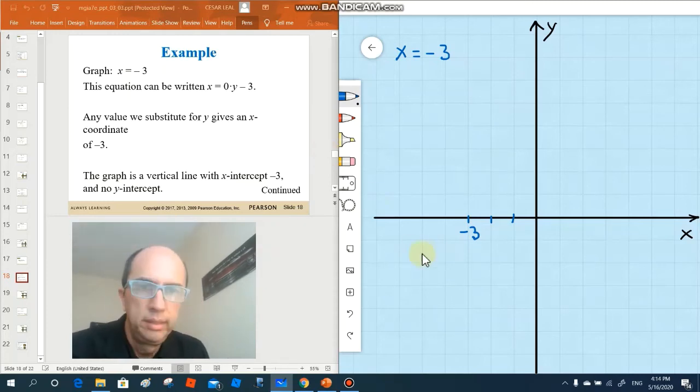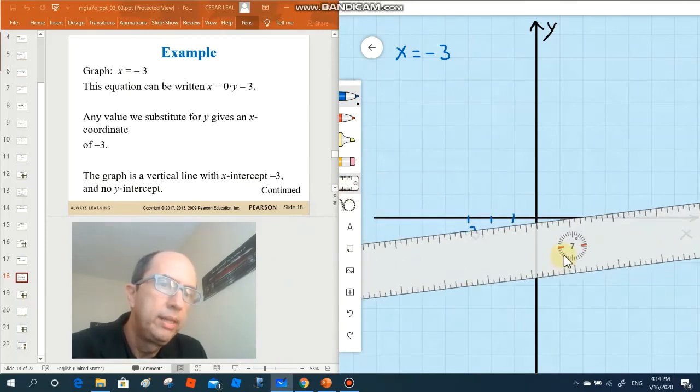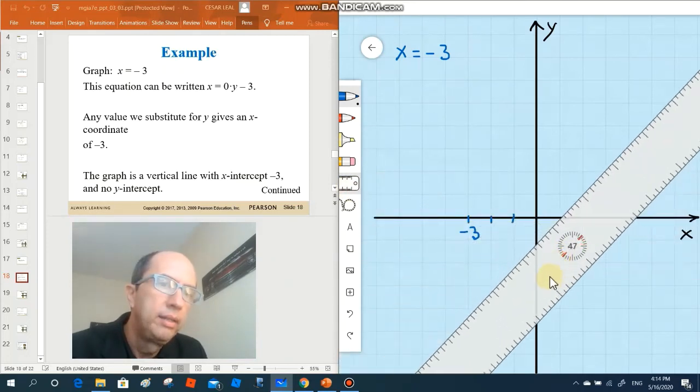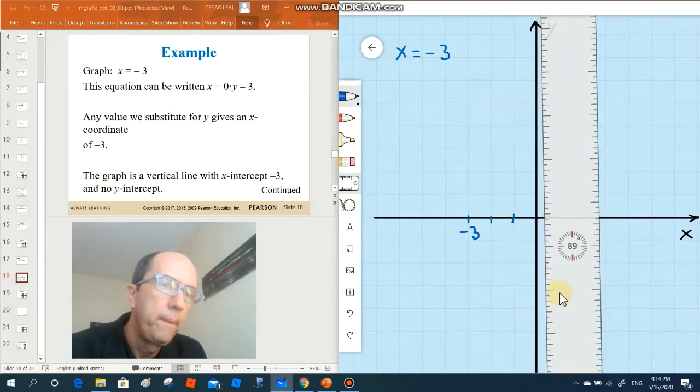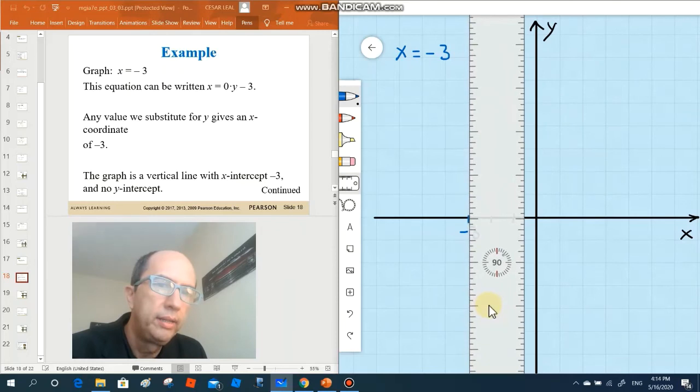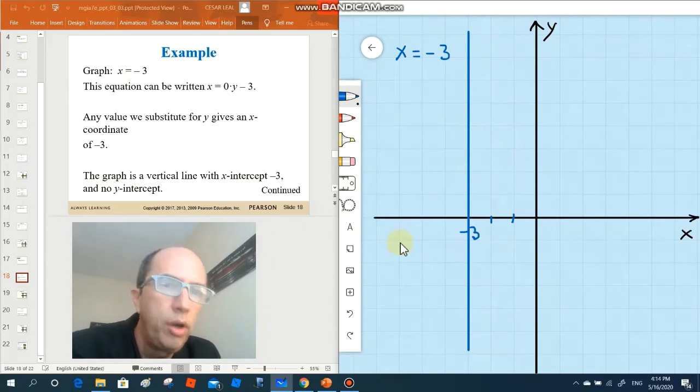That means that this equation here, we're going to represent as a vertical line. And this vertical line looks like this, because for any value of y, x is always going to be -3.